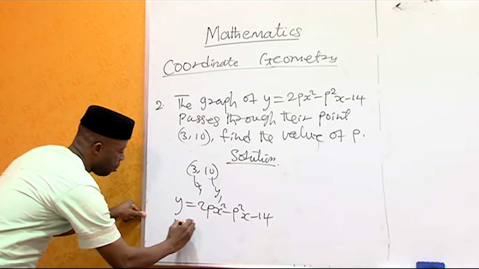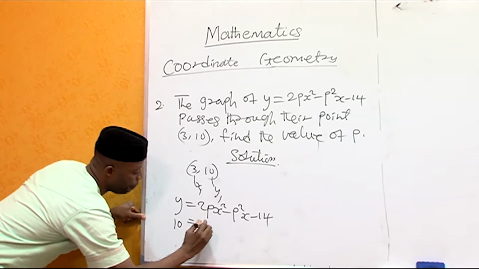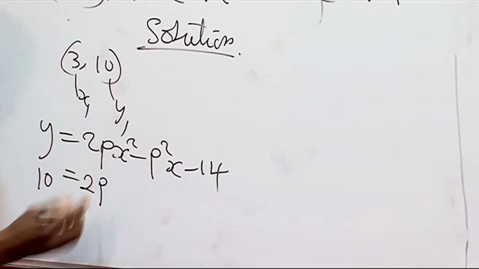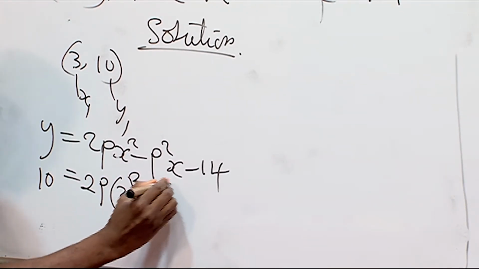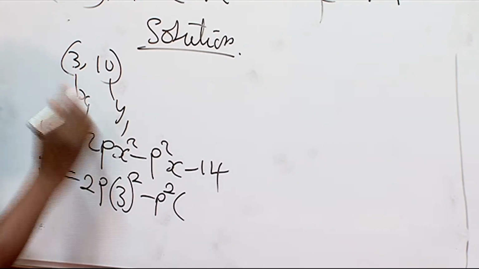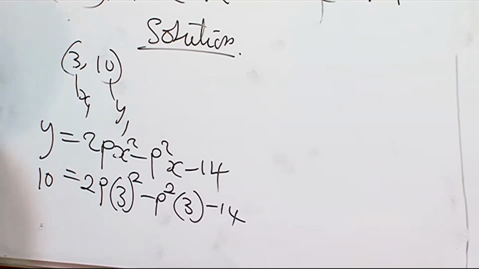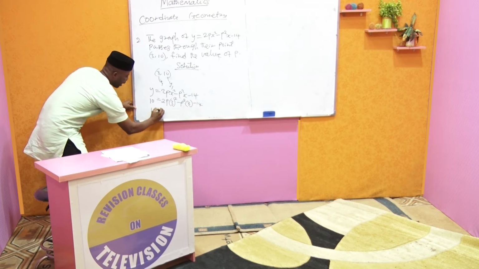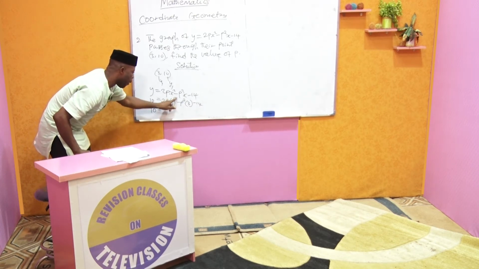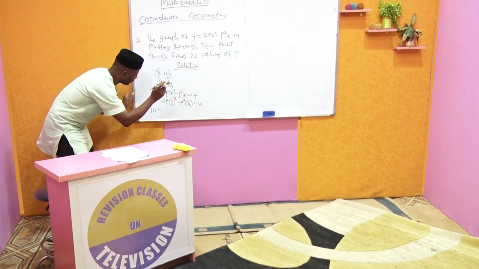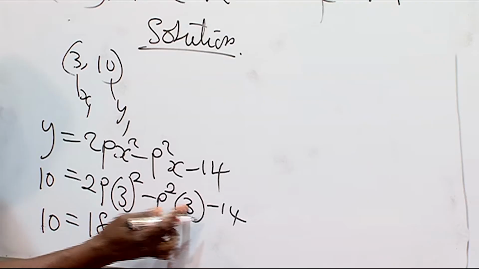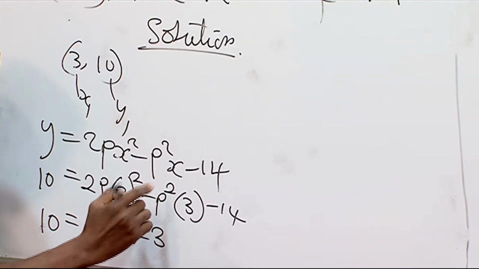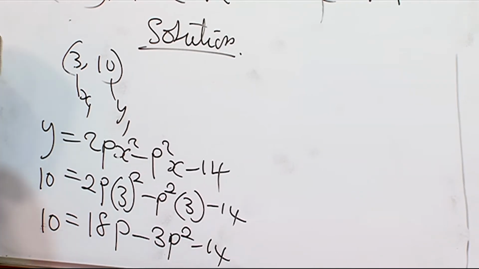That is 10 equals 2p, x is given as 3, that is substitution: 3 raised to power 2, minus p squared, x is 3, minus 14. This is just substitution. So I have 10, bring down the 10. 3 raised to power 2 is 9, 9 times 2 is 18, then p. Minus 3 times p squared gives us minus 3p squared minus 14.